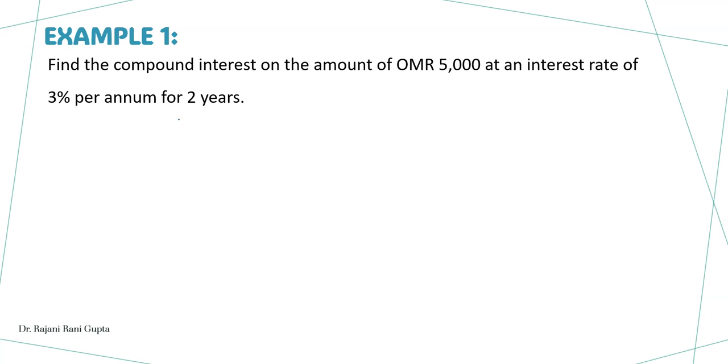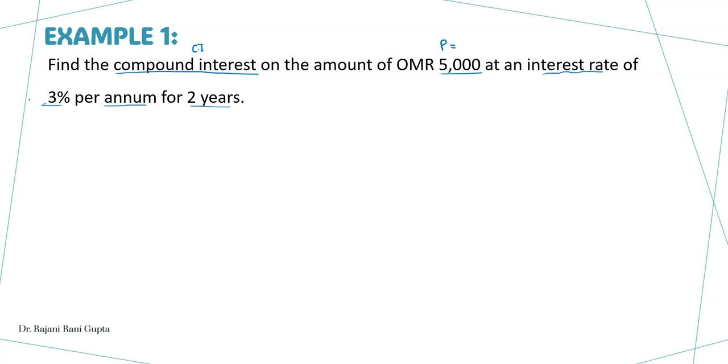In this example, they ask you to find the compound interest on an amount of 5,000 riyal at an interest rate of 3% per annum for 2 years. What is the amount? The amount is 5,000, so this is the principal amount.